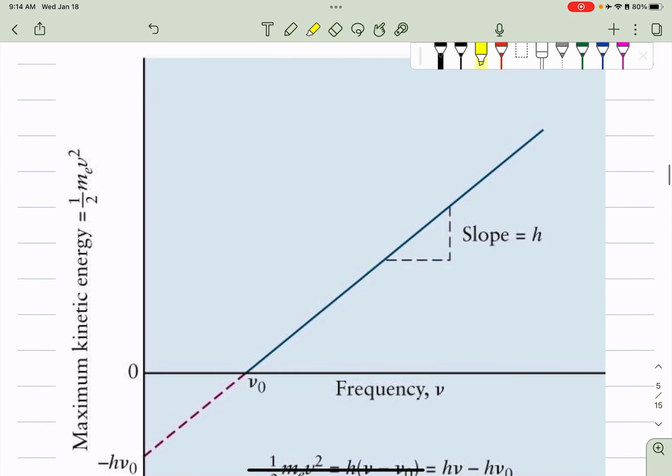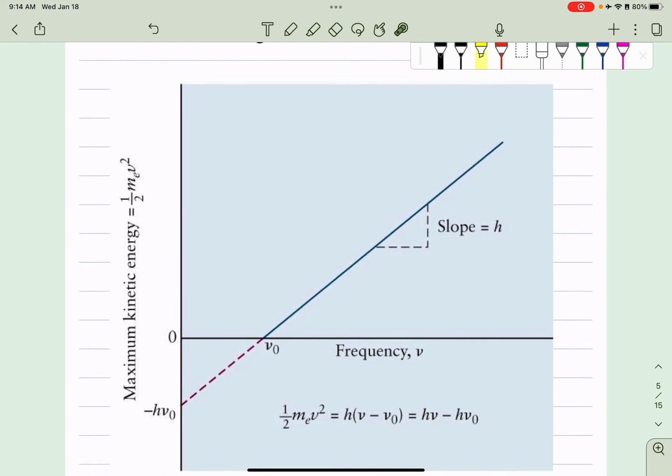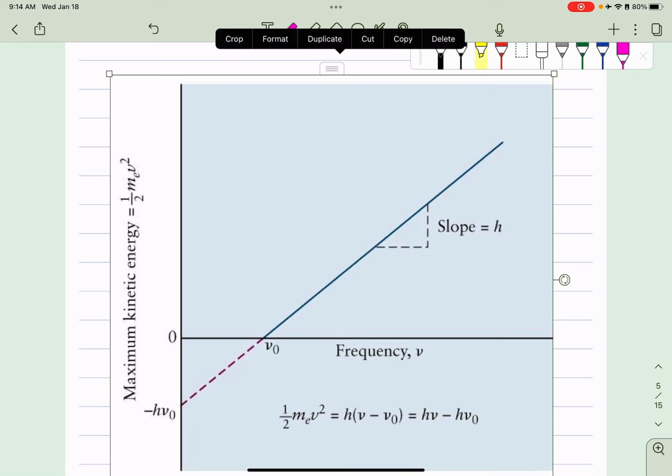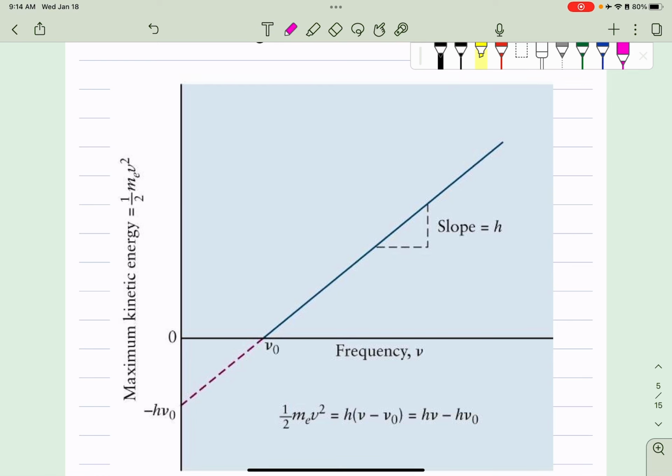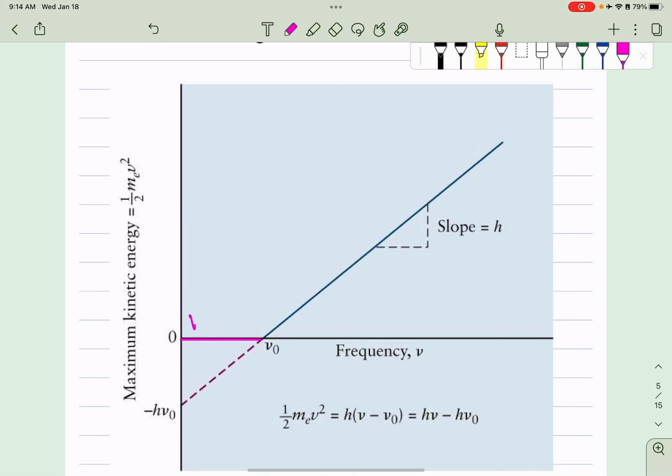And say this is my threshold frequency. If we're measuring the kinetic energy, and on the x-axis, we have the actual frequency here. What we're expecting is that before the threshold frequency, from 0 to mu naught, we have no ejection.